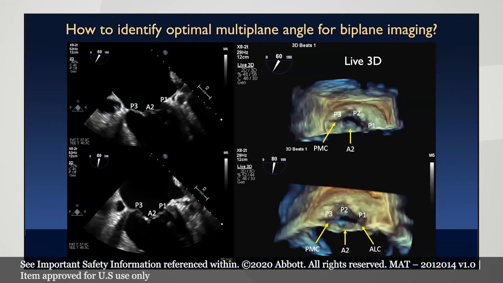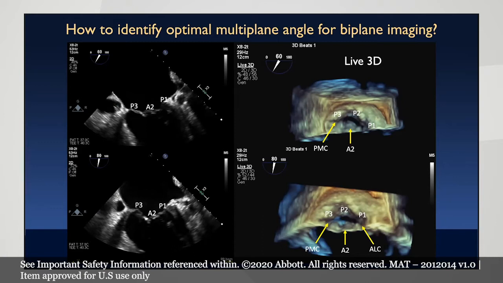Now, for the next step, I wanted to throw this aspect in, which to me is quite important. If we're using biplane imaging with a commissural view on the left and the resulting long axis LVOT view on the right, then it's really key to understand which angle we need to achieve for our biplane imaging with the commissural view.